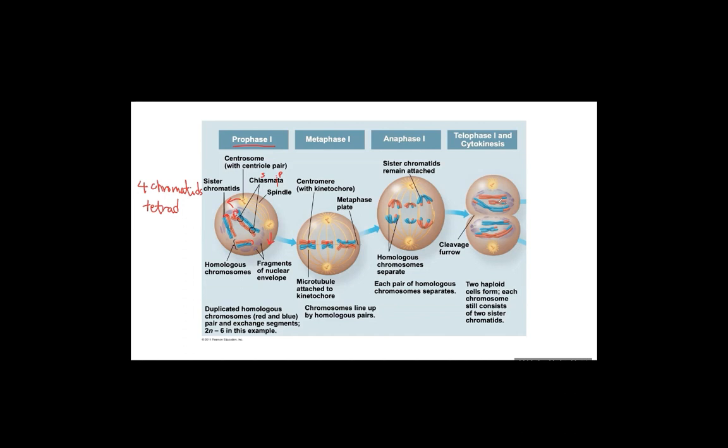Two clusters of chromosomes have formed, and each cluster contains one member of each pair of homologous chromosomes. Therefore, the daughter nuclei are already haploid. Now the spindle microtubule disappears, and it looks like two nuclei inside one cell.